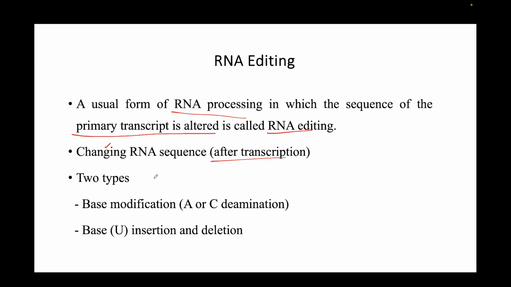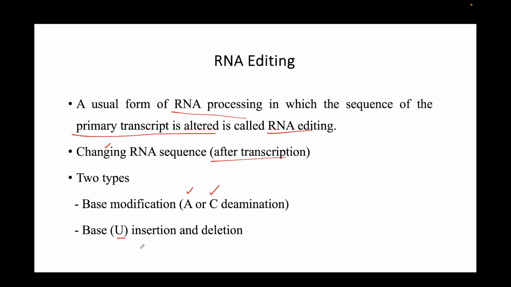Two types of RNA editing occur. The first one is base modification, where adenosine or cytosine, these two nucleotides, get deaminated. Deaminated means the NH2 group has been removed. Fine. Next one is uracil insertion and deletion.